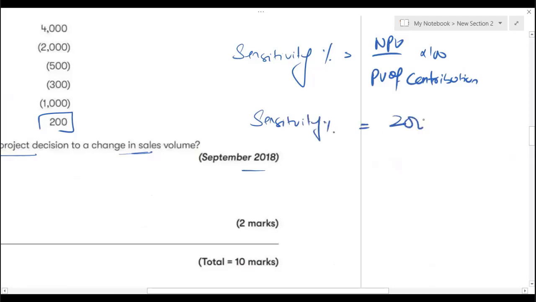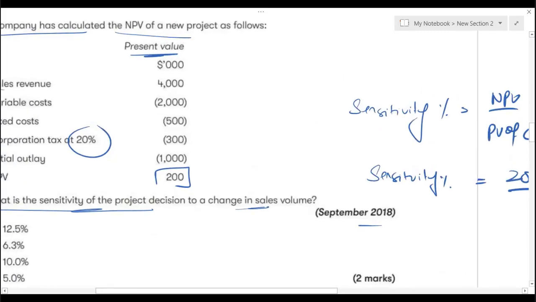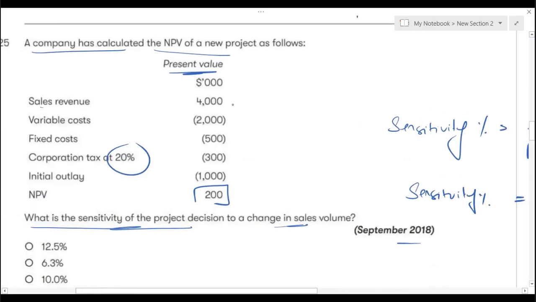So NPV is 200. Contribution means sales minus variable cost. From sales of 4,000, if I deduct the variable cost of 2,000, I get a contribution of 2,000. Tax rate is 20%. Applying 20% tax on the contribution of 2,000 gives 400, so deducting it I get an after-tax contribution of 1,600.